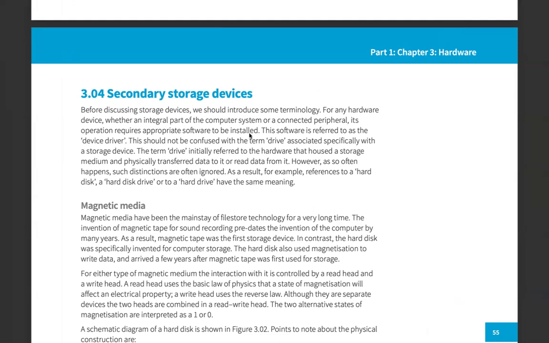So, for any hardware device, whether an integral part of the computer system or a connected peripheral, its operation requires appropriate software to be installed. So this software is referred to as the device driver.